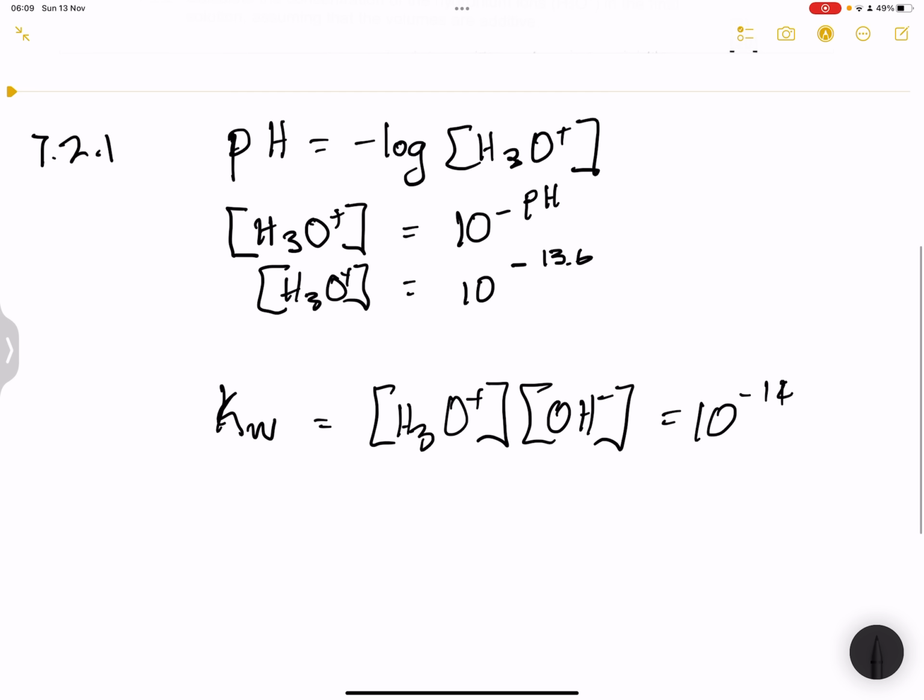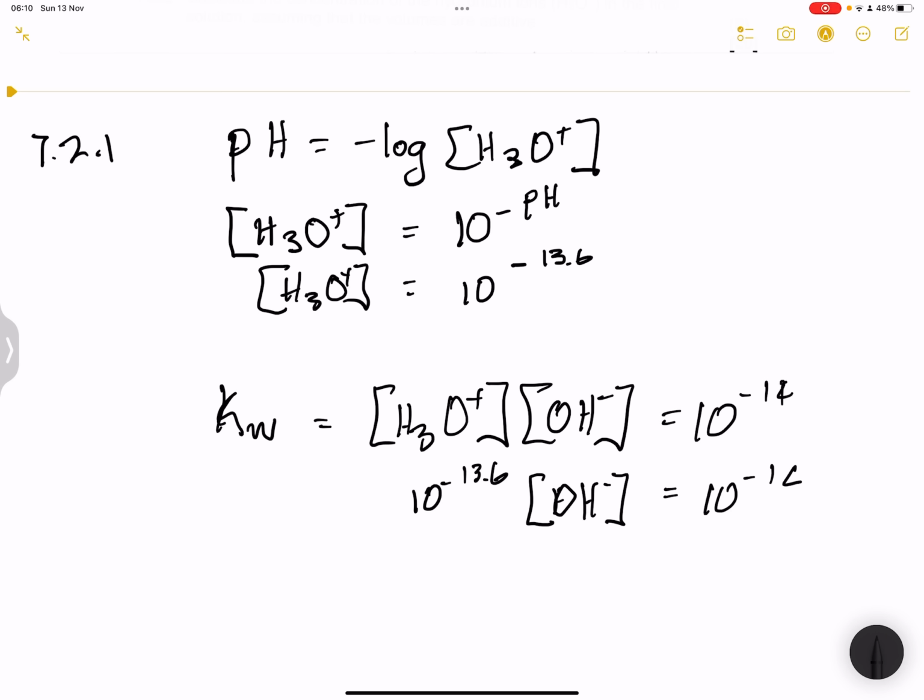You are given this formula, by the way. So this is 10 to the negative 13.6, and I'm looking for the concentration of OH minus, that's 10 to the minus 14, sorry.